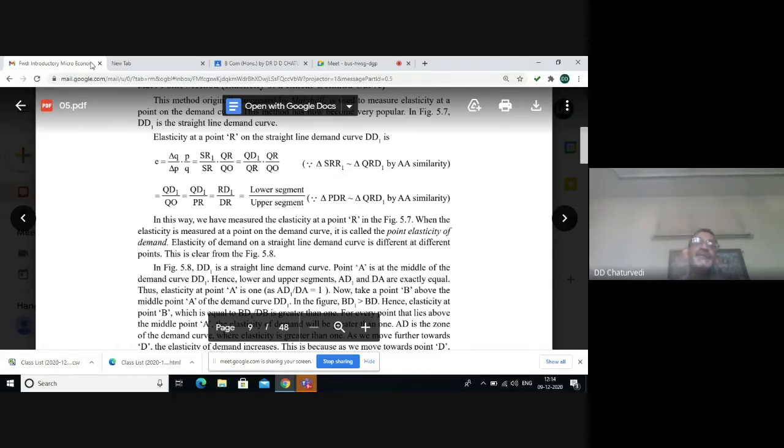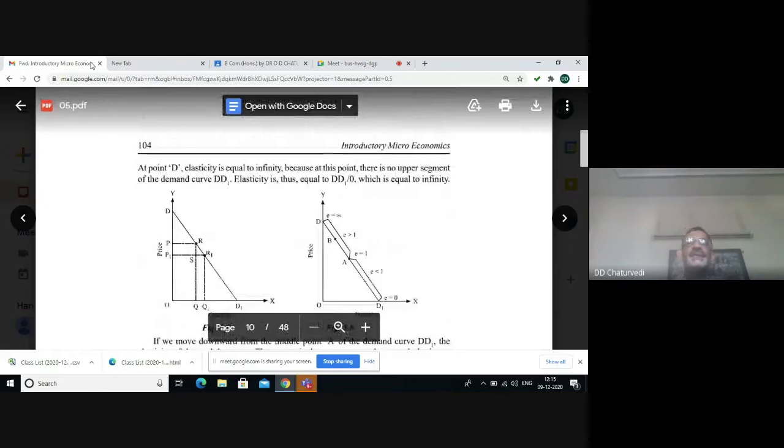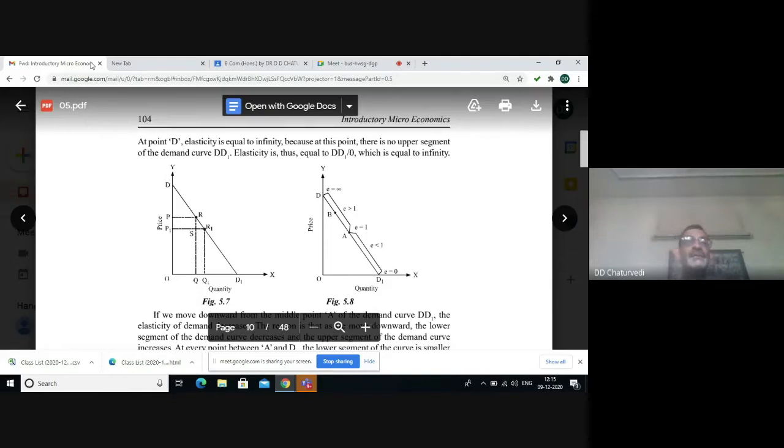Now, in the same figure, we also find that triangle PDR is similar to triangle QRD1, again by AA similarity. So you can look at this figure 5.7, you will find triangle PDR is similar to triangle QRD1. One angle is 90 degree, others are corresponding angles. So these two triangles will have sides in the same ratio.